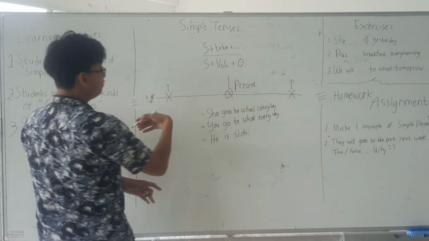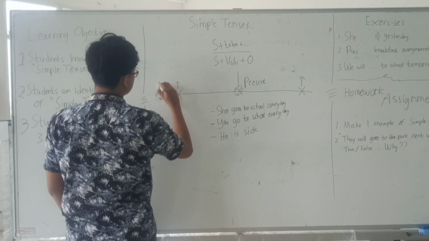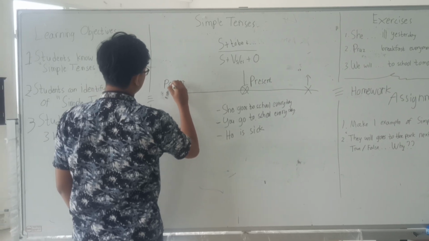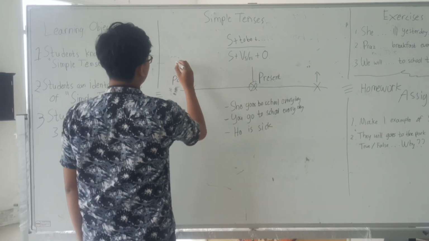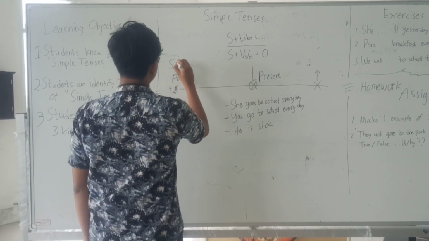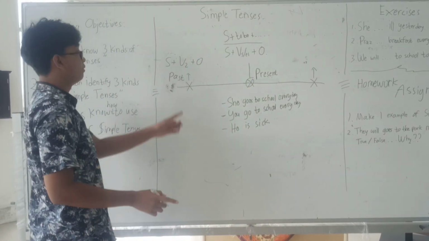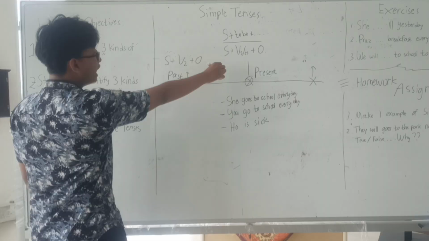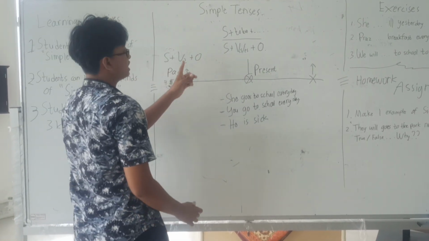Now we jump back into the time that we have already done. We call it past. Past is almost the same as present, but there is a difference in the formula. It is always subject plus verb 2 instead of verb 1 plus s. We are going to use verb 2 in the simple past tense.